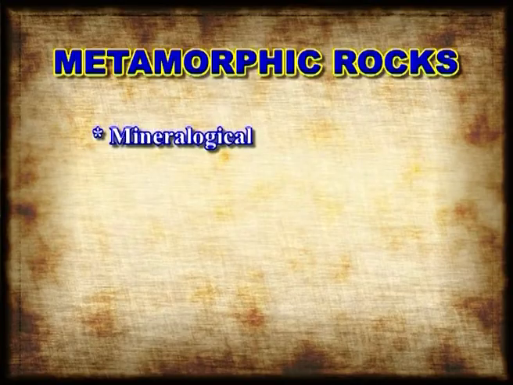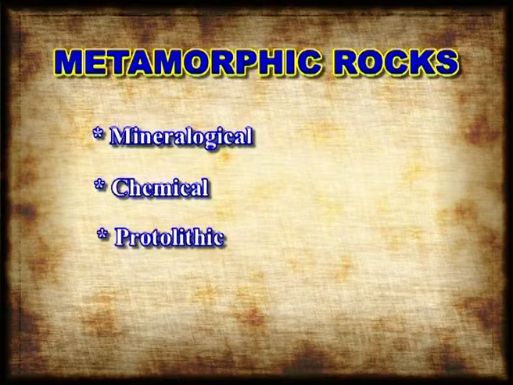Note that classification is generally loose and practical, such that names can be adopted to describe the rock in the most satisfactory way that conveys the important characteristics. Three kinds of criteria are normally employed. They are: number 1, mineralogical criteria; number 2, chemical; number 3, protolithic.